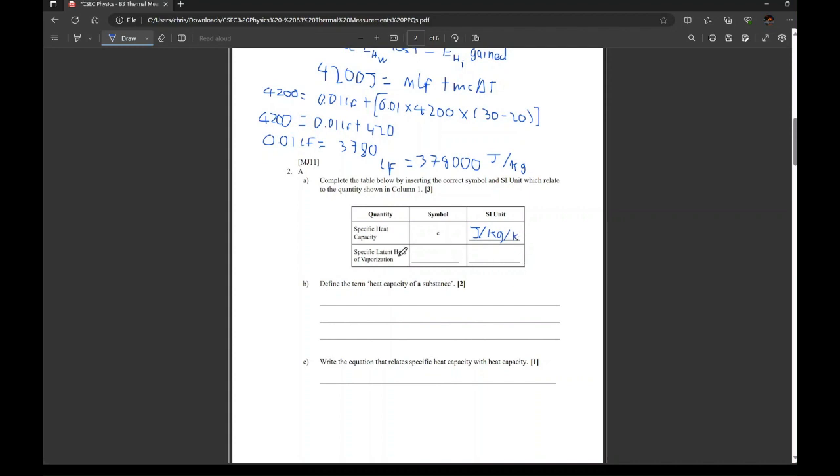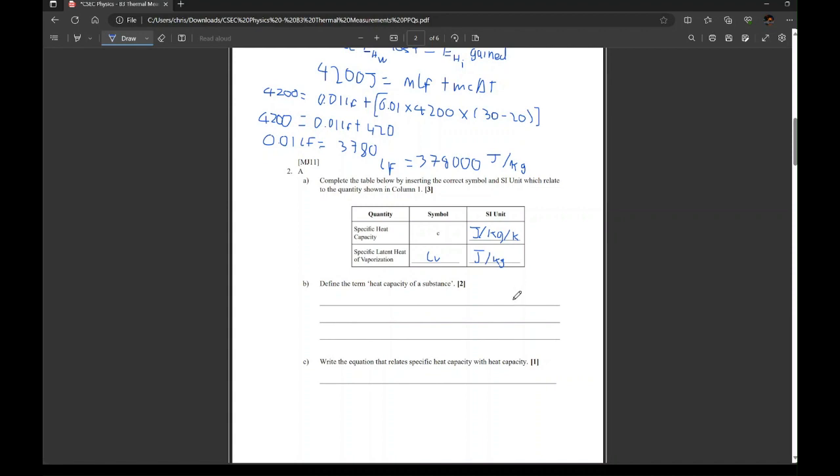Okay, and specific latent heat of vaporization has a symbol L sub V, and that has an SI unit of joule per kilogram. Right, some nice easy marks right there, no problem whatsoever.